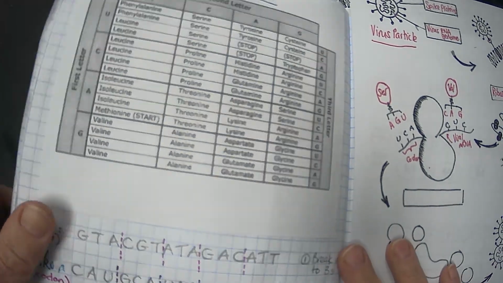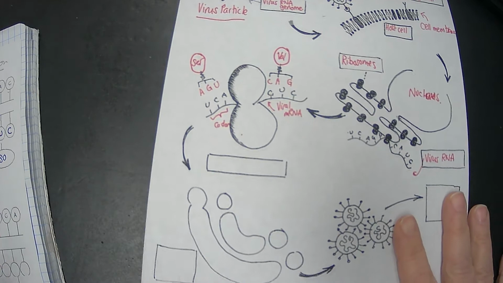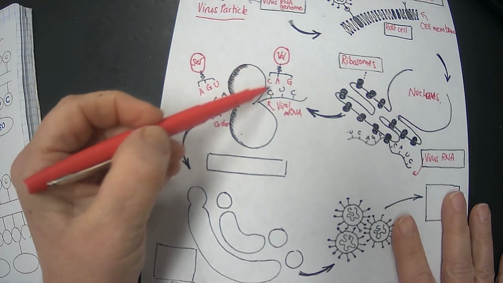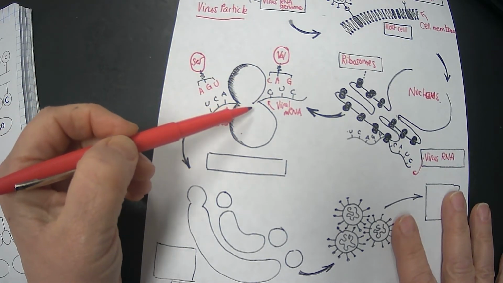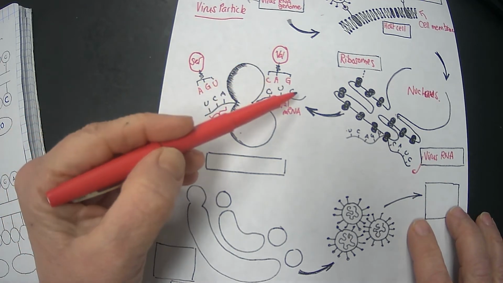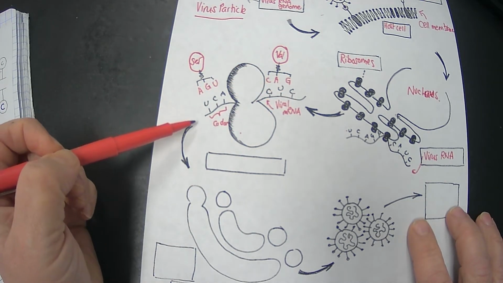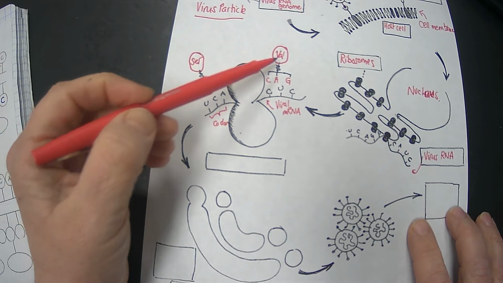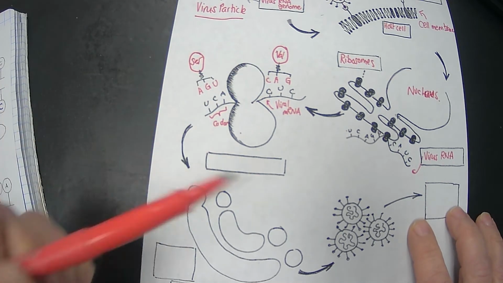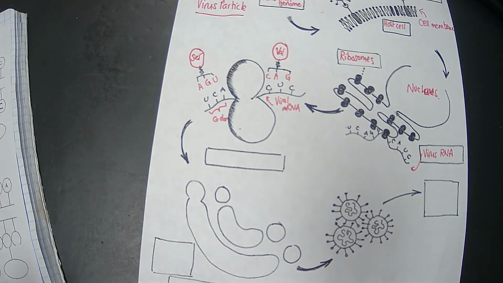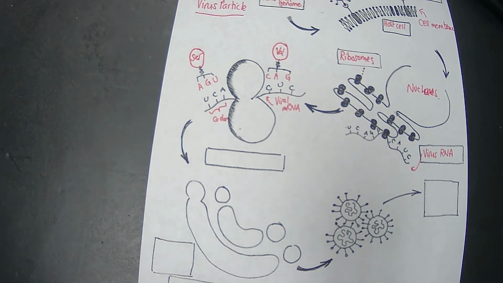Okay? So what's happening is our ribosomes in our lung cells are using the viral mRNA, the viral RNA, to assemble amino acids together in a specific order. And correct me if I'm wrong, but I'm not.